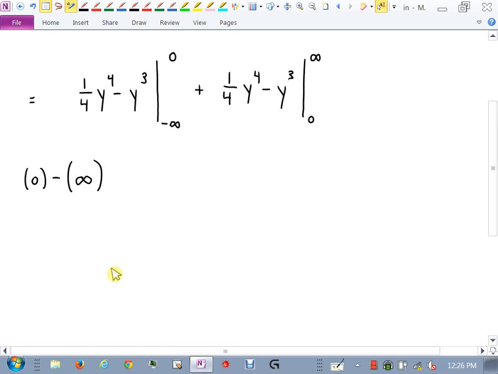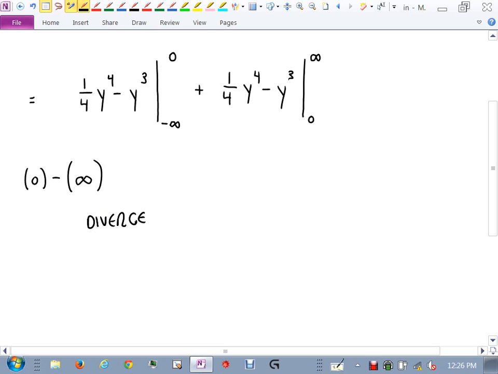Convergent means the area is going to a fixed number. Divergent means it's not doing that. Now, if it's infinite, we say it's divergent because it's not going to a number. But it can also mean that it's not going to infinity. Does that make sense or not? I'll give you an example after this to give you an idea of what I mean. But at this point, stop, divergent, done.